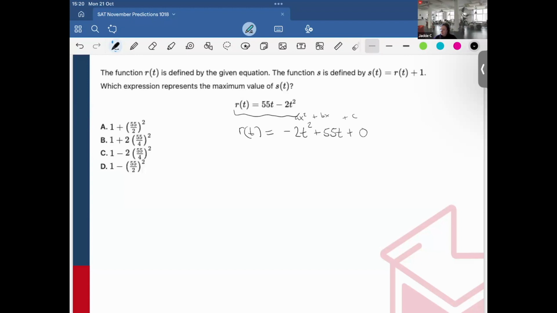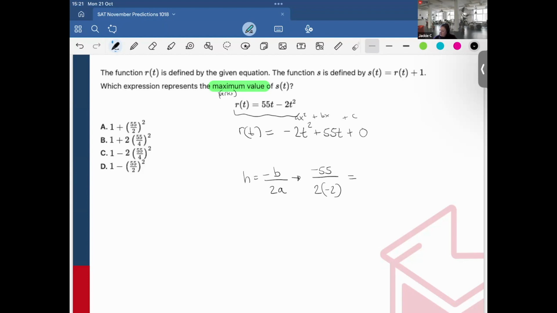And if I ever want to find the maximum, aka the vertex, the x-coordinate of the vertex, I can do h is equal to negative b divided by 2a. So in this case, it would be negative 55 divided by 2 times negative 2.